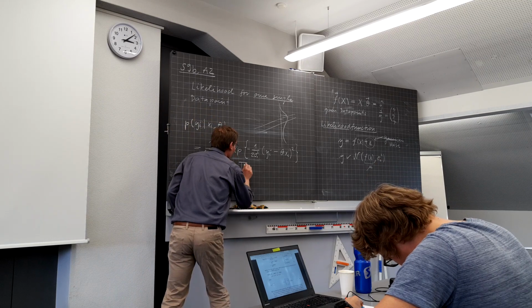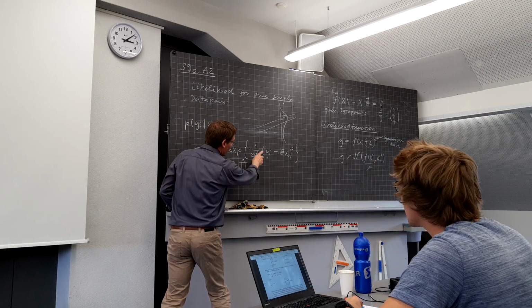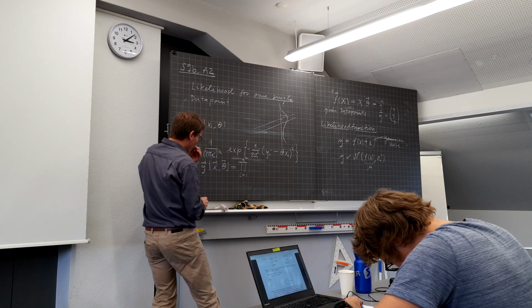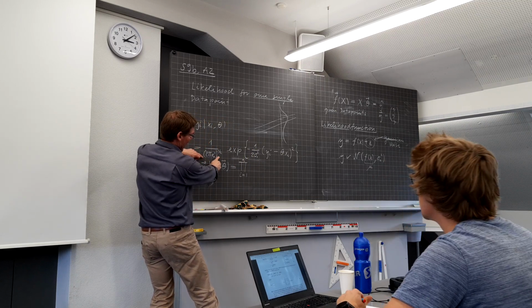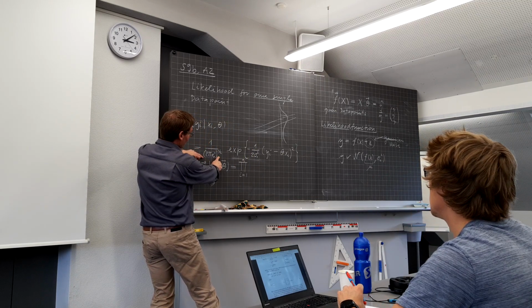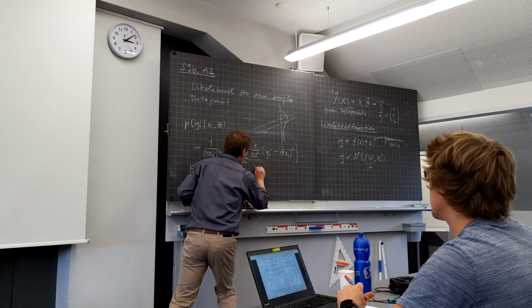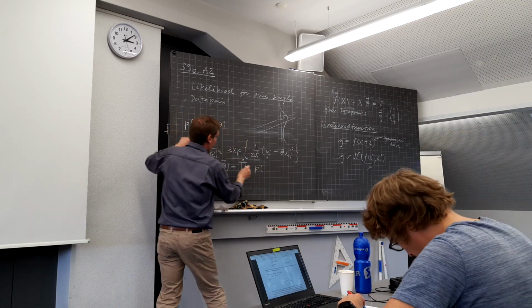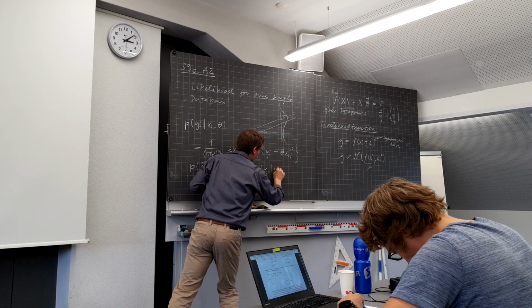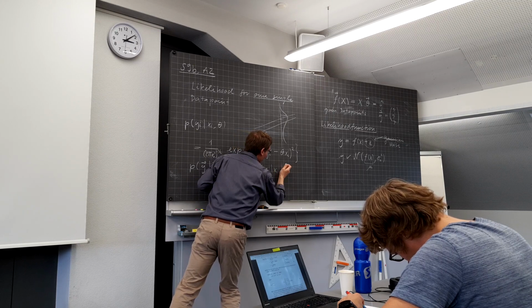I times 1 over n, and this comes in, and this one comes in times n half. But I just write it now in this form: yi given xi and theta.